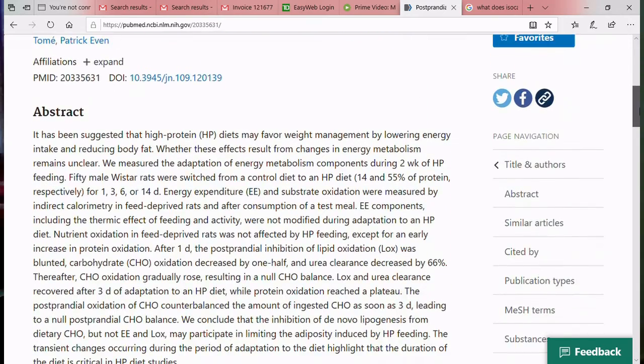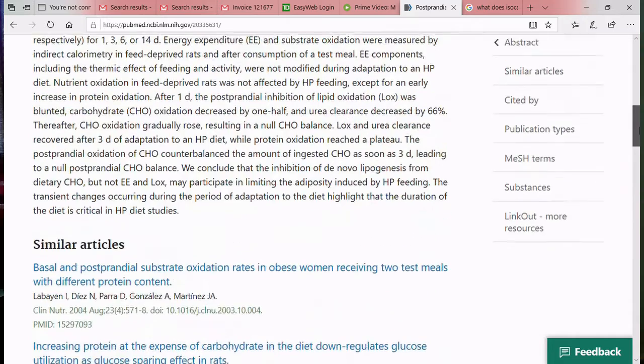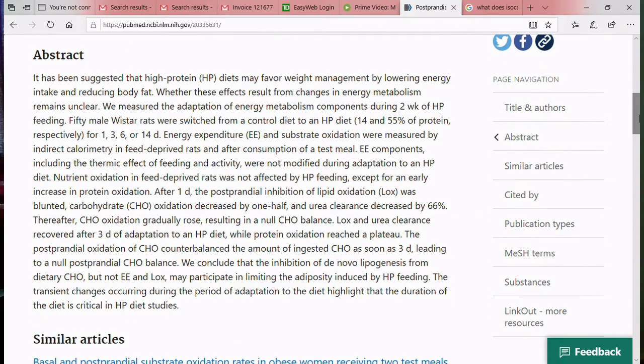It has been suggested that high protein diets may favor weight management by lowering energy intake and reducing body fat. Whether these effects result from changes in energy metabolism remains unclear. We measured the adaptation of energy metabolism components during 2 weeks of high-protein feeding. 50 male Wistar rats were switched from a controlled diet to a high-protein diet, 14 and 55% of protein respectively, for 1, 3, 6, or 14 days.